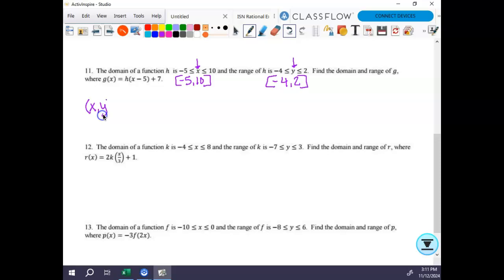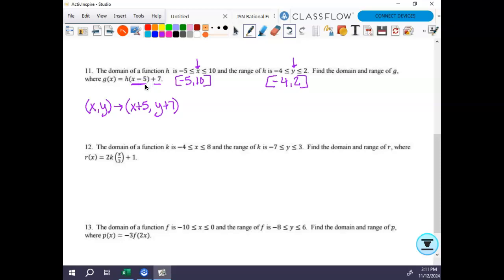If I look at everything that's happening to x, the only thing that's happening to x is this right here. We're moving to the right 5, so this is x plus 5. And then this is the only thing happening to y, so that's y plus 7. I'm telling you, you want to write that out, or some of you are just going to do what this says and subtract 5, and that is not what is happening.